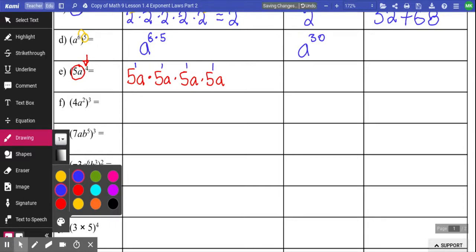I could rewrite this as 5 to the power of 4, because I have a 5 times another 5 times another 5 times another 5. I could do the same thing with the a's. I have an a to the power of 1, another a to the power of 1, another, and another. That means I have a to the power of 4. And that would give me my exponent form.